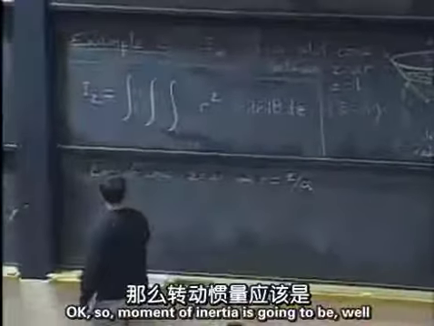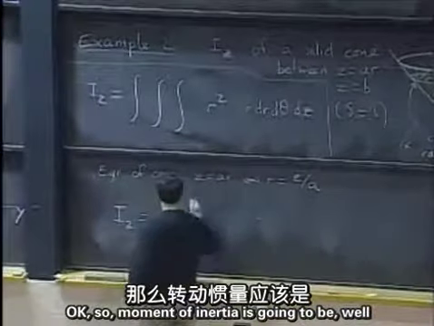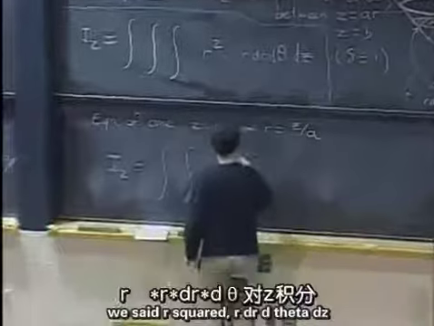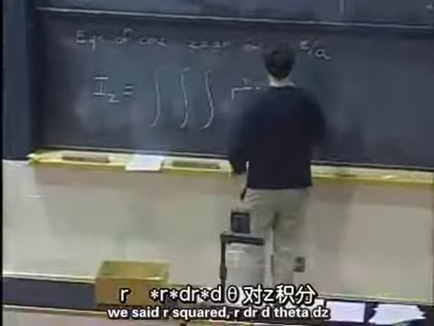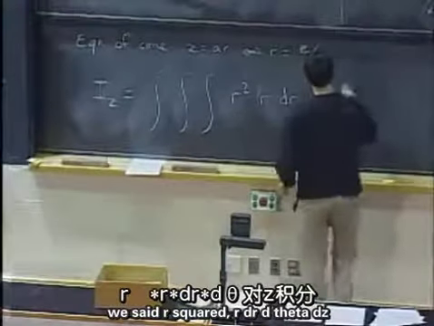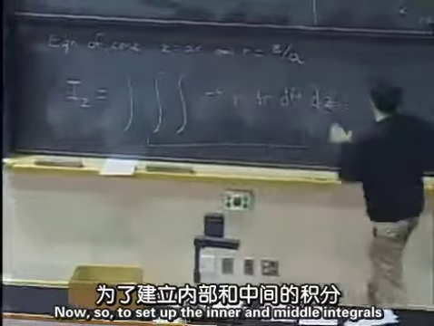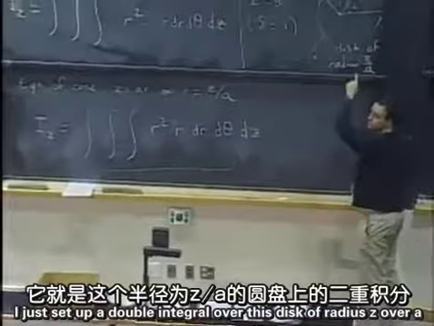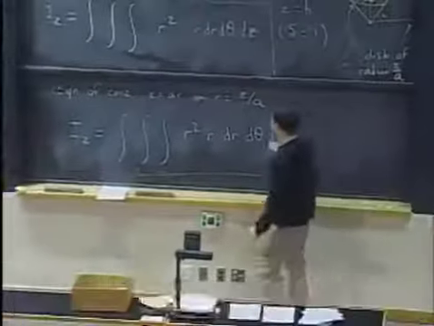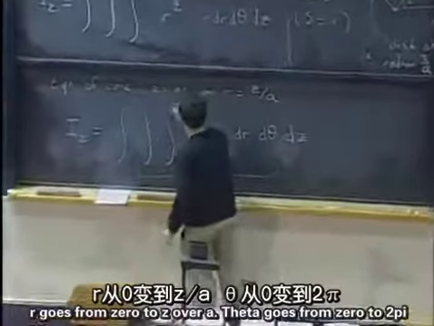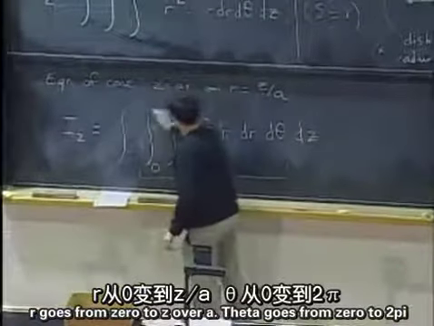So the moment of inertia is going to be r squared, r dr d theta dz. To set up the inner and middle integrals, I just set up a double integral over this disk of radius z over a. So r goes from 0 to z over a, and theta goes from 0 to 2 pi.